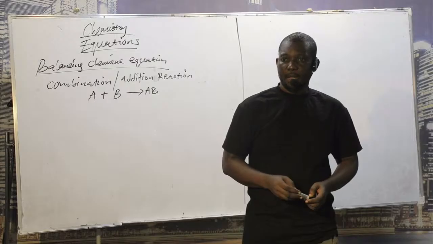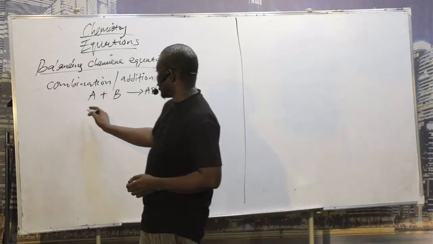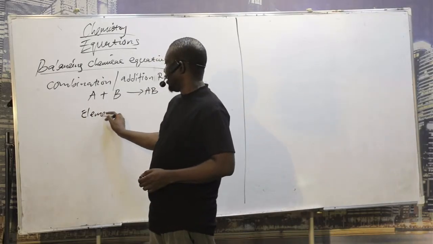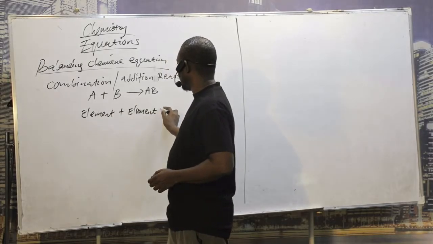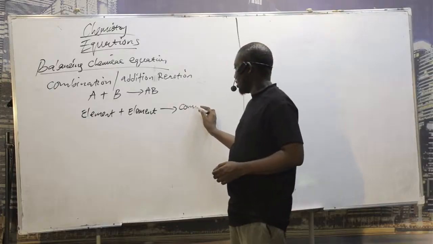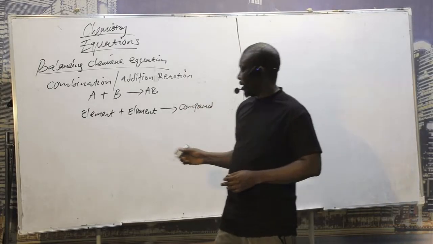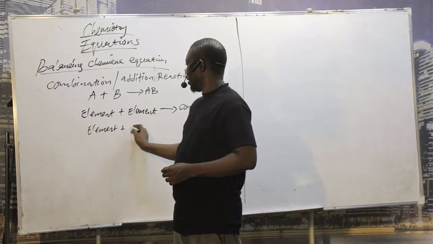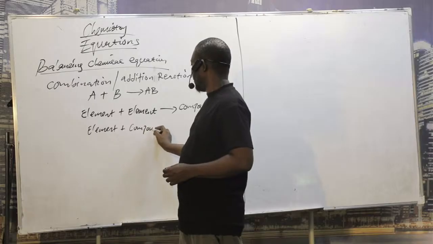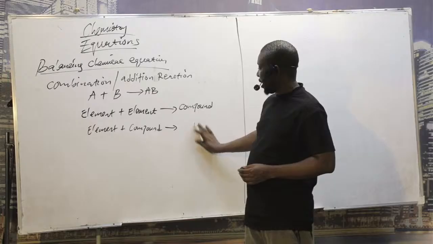It can be elements. It can come in the form of elements plus elements, and what we have here is a compound. It can also come in the form of elements plus compound equals bigger compound.